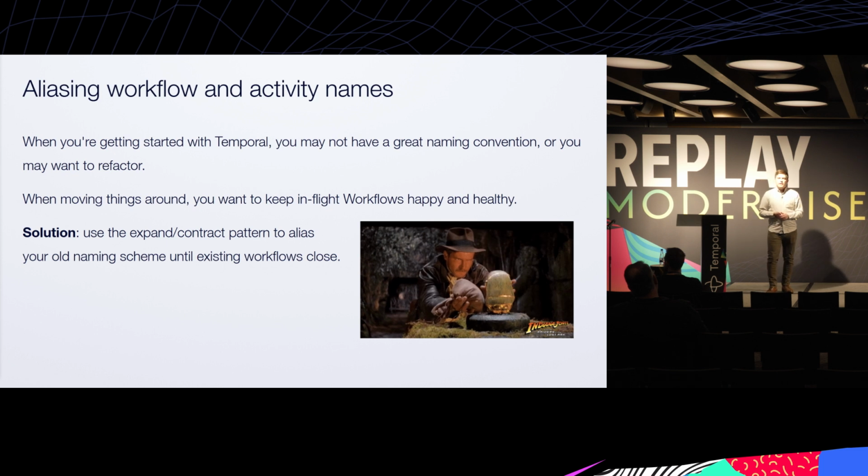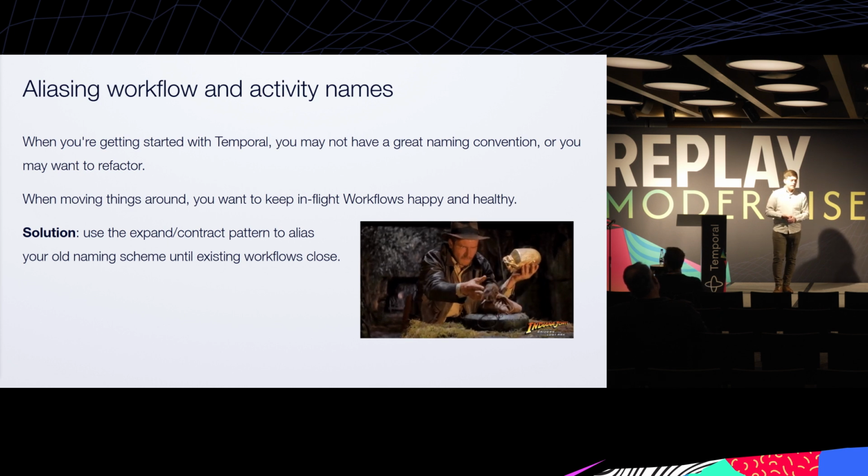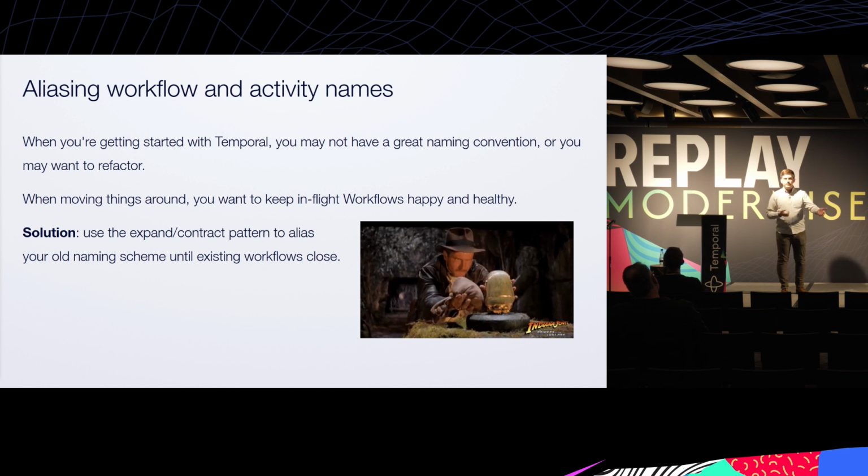And the problem is, right, if you have a running workflow or some activities, if you just pull them out from under the system and you name the workflows or activities something else, then you can't make progress with execution. So for our SDK, we added the ability to provide aliases. So when you renamed a workflow, it would also respond to the old name still for the time period that you were using that.